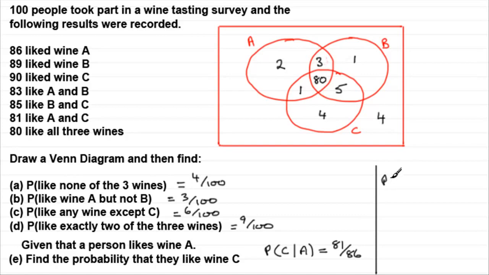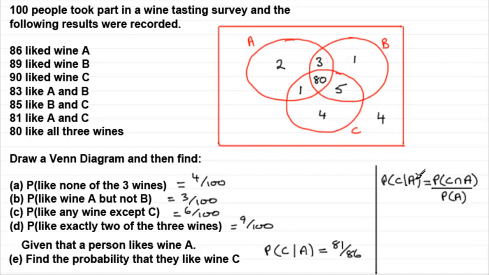But if I was doing it via the formula, you should know that the probability of C given A, one event given another, is the probability that both events occur. That's the probability of C and A. We often use this notation here, an upside down U if you like, or an N type shape, okay? C intersected with A, C and A. It's the probability that both events happen divided by the probability of the given event, and that in this case would be A.